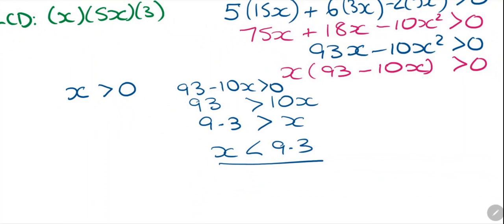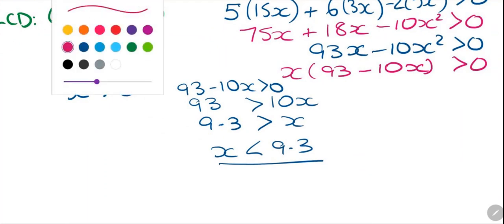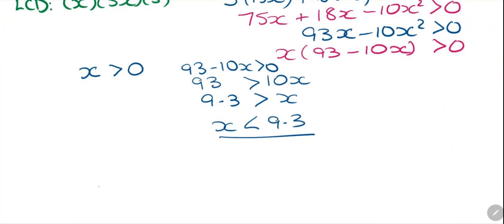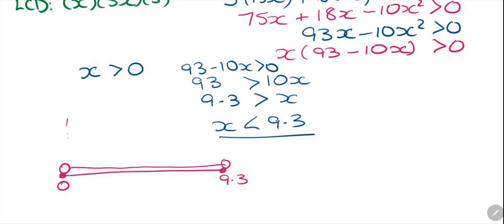So I can say, well, before I can say anything, I need to test and check. So I'm going to draw my number line. So I'm saying that x is greater than 0. So there's my 0. And there's my 9.3. So this is my line here. So I am saying that x is in between these lines.